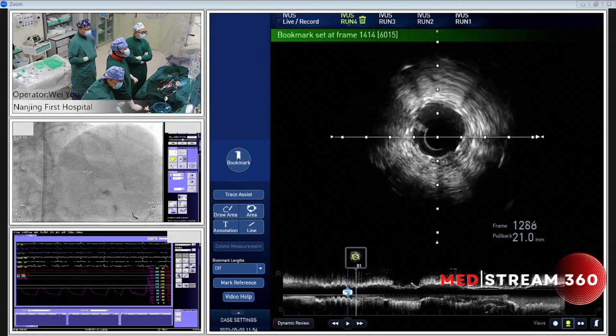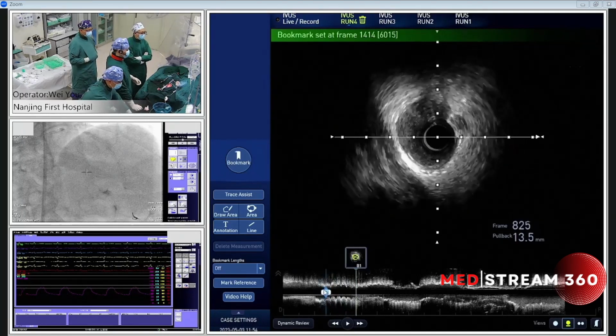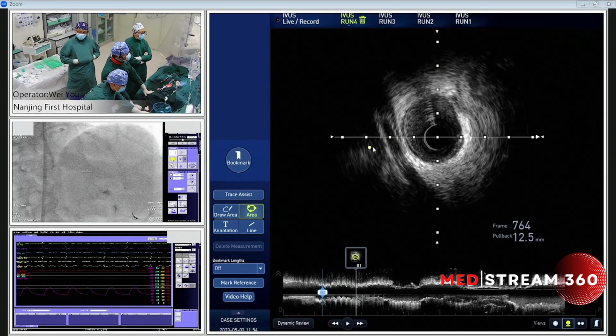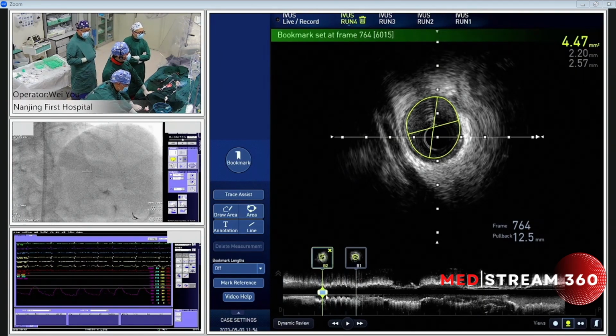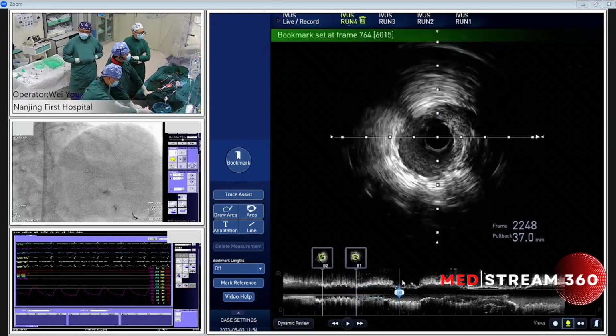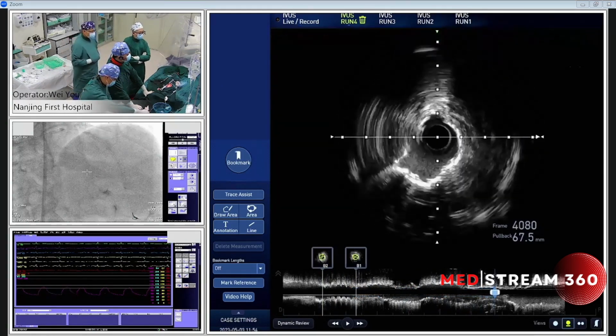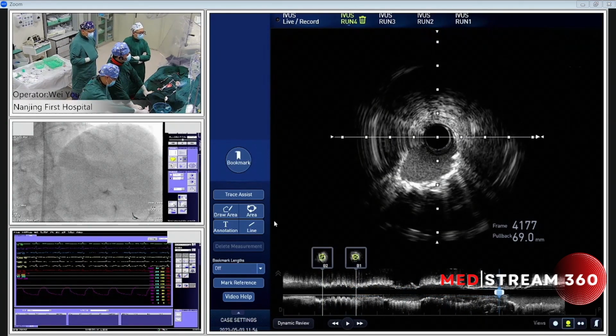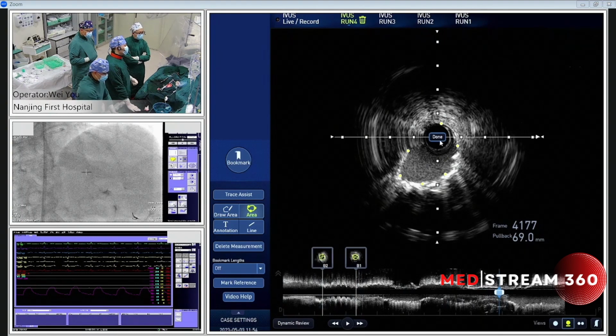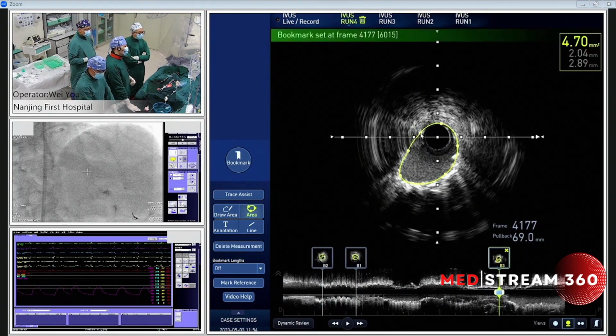It's a distal segment, right? This is the minimal stent area. It is a small stent, 2.5. I think stent expansion larger than 0.9 is suitable for this scenario. The distal reference vessel is just 4.5 millimeter, so the expansion index is more than 0.9.